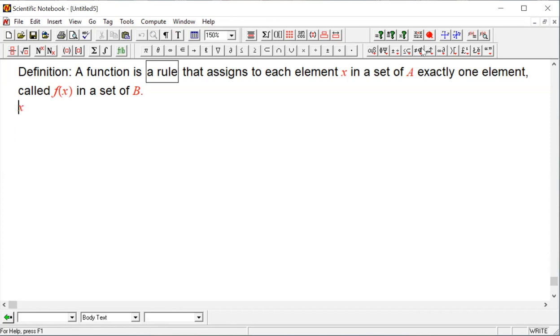The input is from the domain. And the function is the rule. The rule applies to the input. It produces an output, f of x. And this output belongs to the range.